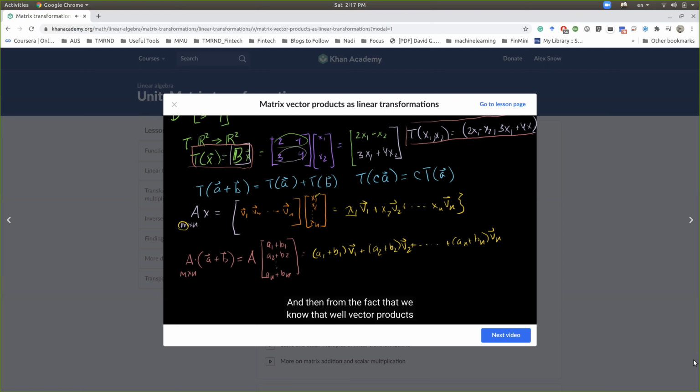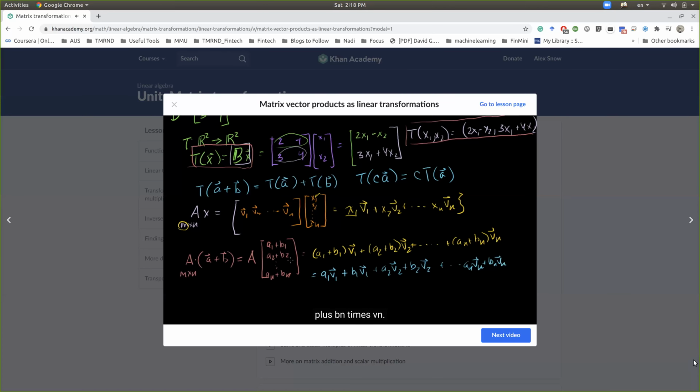And then from the fact that we know that vector products times scalars exhibit the distributive property, we can say that this is equal to a1 times v1 plus b1 times v1 plus a2 times v2 plus b2 times v2, all the way to plus an times vn plus bn times vn.